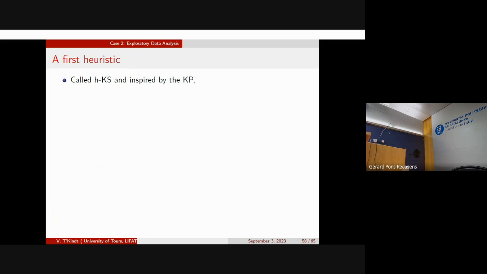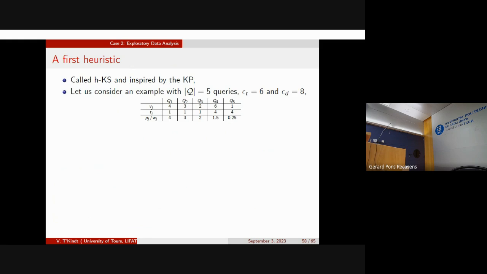The first heuristic is called HKS, and it's inspired by the KP, the knapsack. What do we do? Suppose that you have 5 queries, and these bounds on time and distance. I do like the greedy heuristic that we've seen before. I compute the ratio V_i divided by T_i.